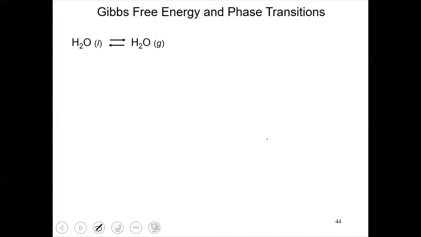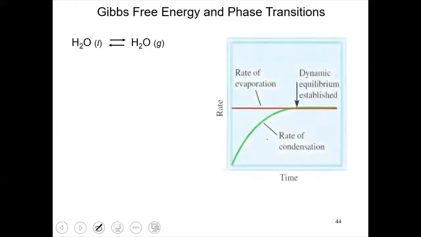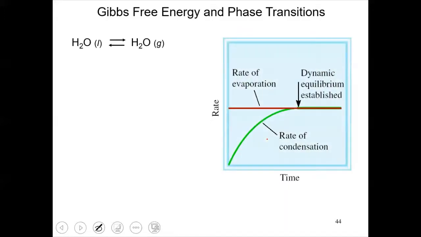So let's say, for example, that I am going to track this over time, and let's say that I started out vaporizing the water. As time went on, the rate of condensation started increasing until you arrived at this dynamic equilibrium, remember, where you have equal rates going forward and in reverse.